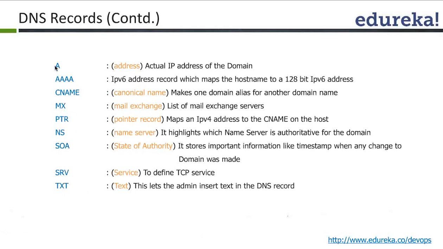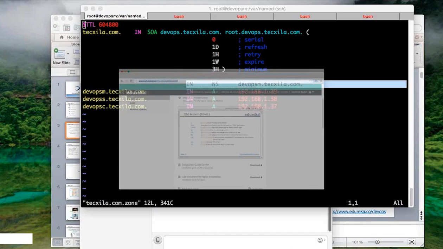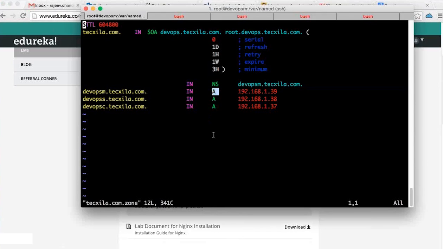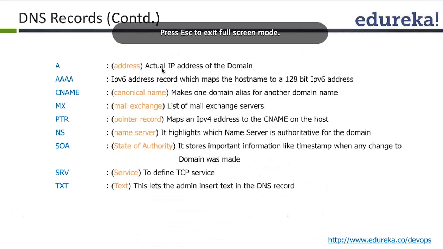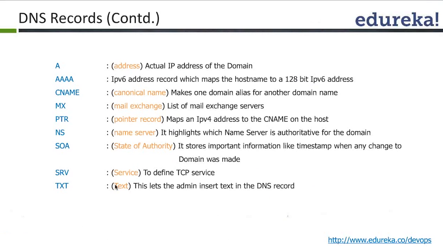Okay, so when I say it's an A record, if you can just see this here again. When I say it's an A record, what that means is it's a name to IP resolution.